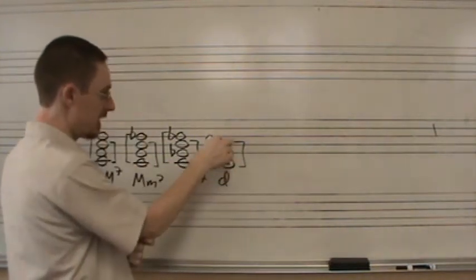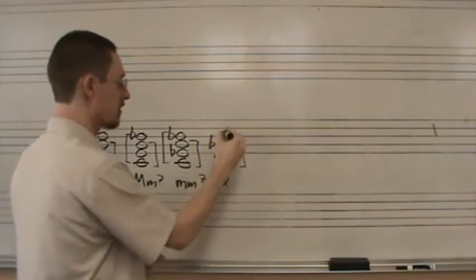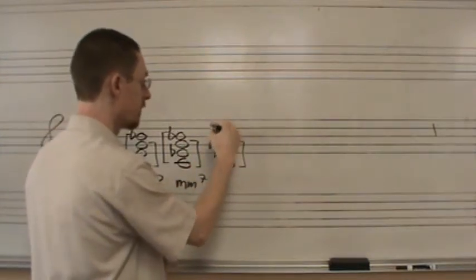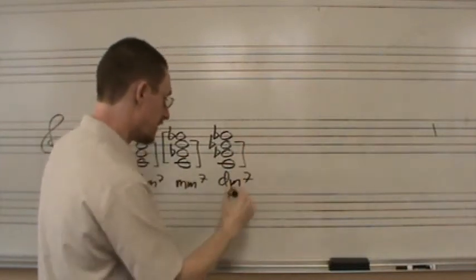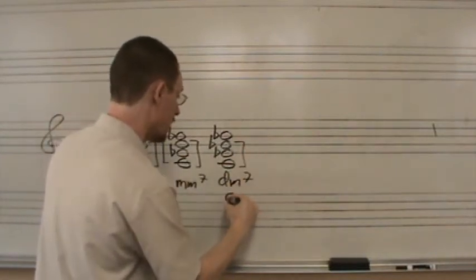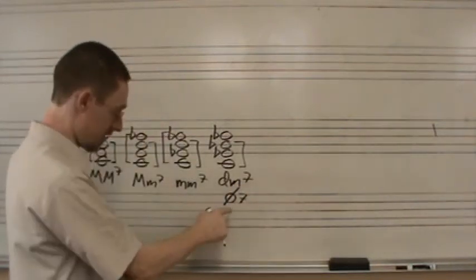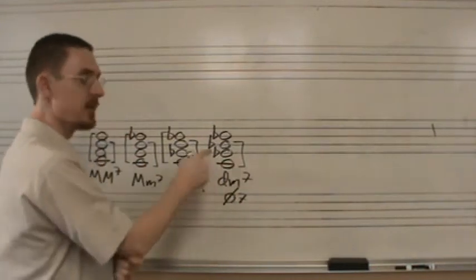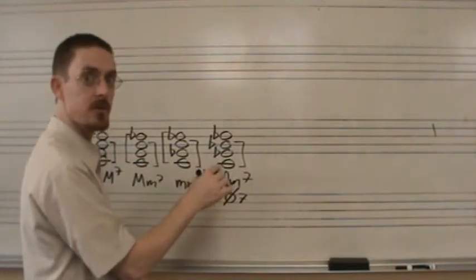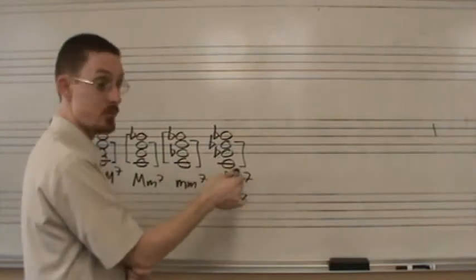Note the G flat, making a diminished triad, with the minor seventh, diminished minor seventh. This is often also known as the half diminished seventh. Circle with a slash through it for half diminished seventh chord. Either one of those is acceptable. Both are known. They wouldn't be confused with anything else.